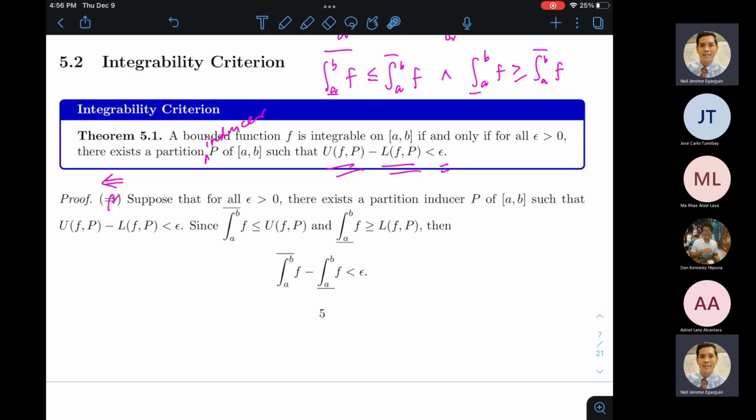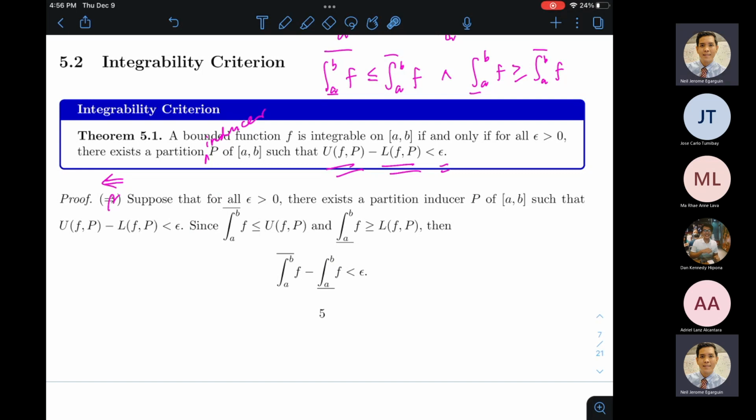And similarly, the lower Riemann integral is greater than or equal to any lower Riemann sum, being the supremum of all such lower Riemann sums. Okay? So ito, definition lamang ng Riemann integrals being the infimum and supremum respectively. All right?